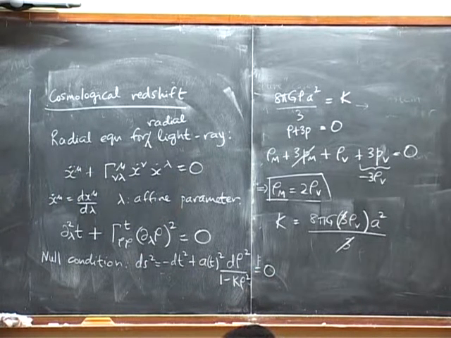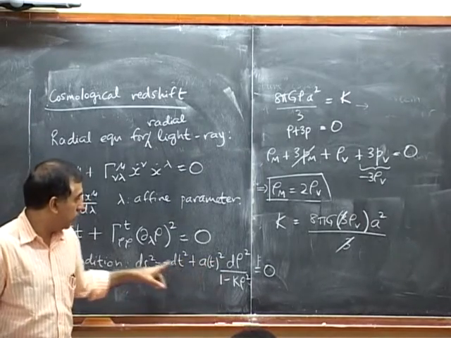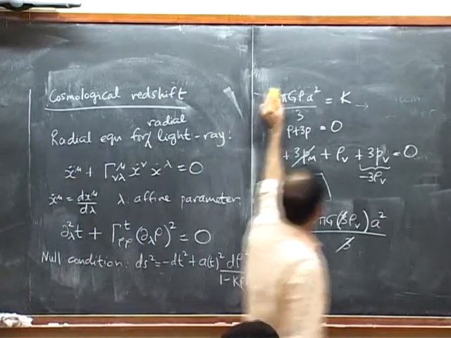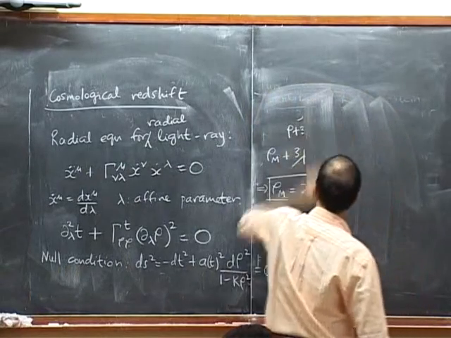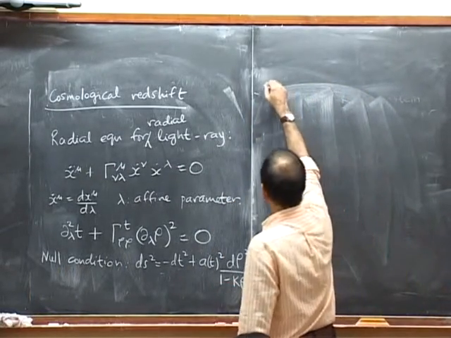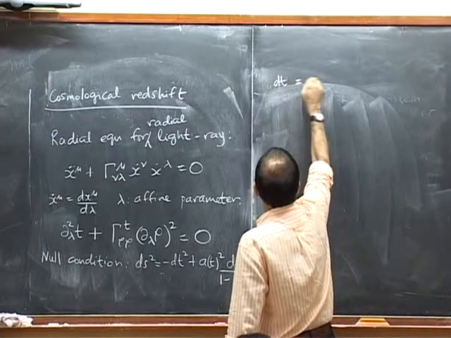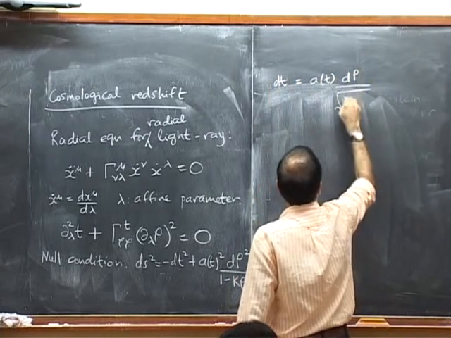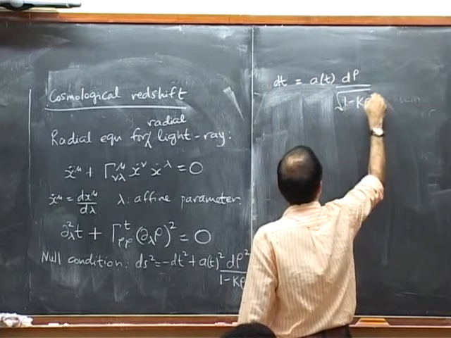So I can now take this on the other side and take the square root, and so this says that dt is equal to a of t d rho upon root 1 minus k rho squared.